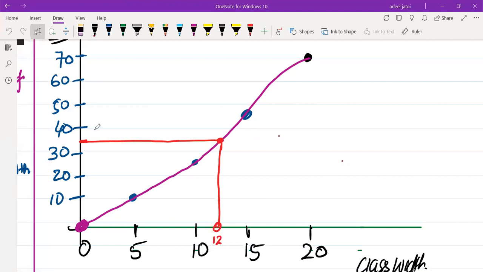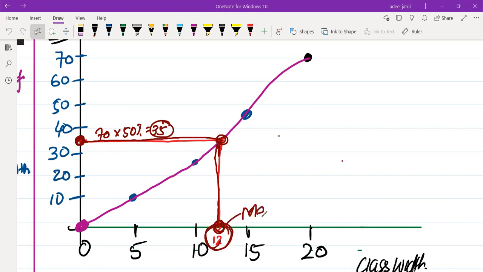Your 50% of cumulative frequency is 35. This will be extended from the cumulative frequency line to the cumulative frequency curve and extended towards the class width. And whatever answer you will get here, that will eventually be your mean, not the 35 that you got. Normally, candidates do make this mistake, they write down this 35 as the mean.